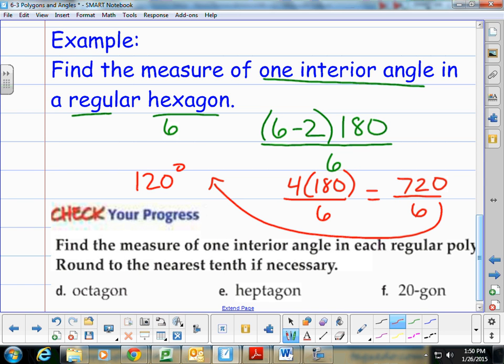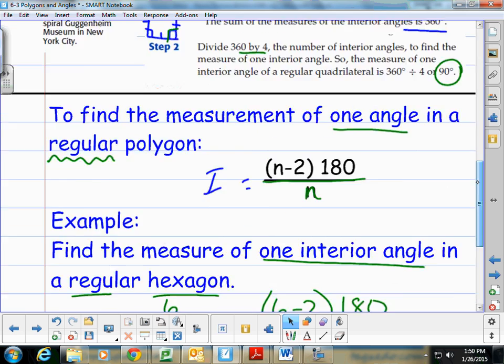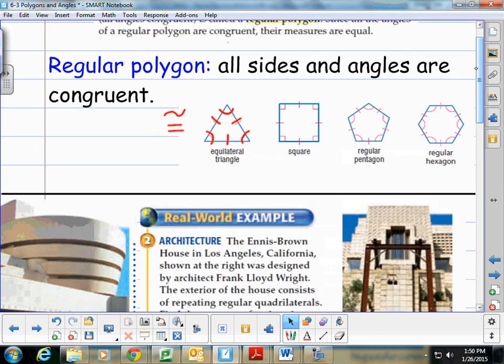So one inside measure of a hexagon is 120 degrees if it is regular. If you look way back up at the top, that would mean one of these hexagon angles is 120 degrees. Each one of those is the same.